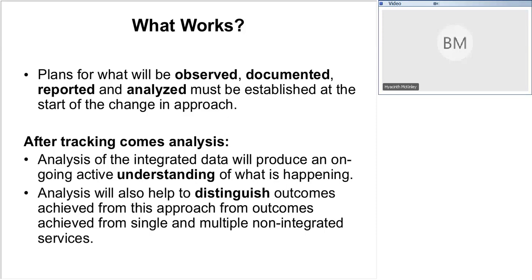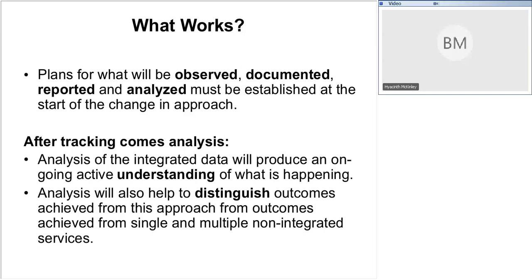So let's say you do this integration project and you find out that people are getting much better outcomes in these areas than they did in the past. This is the way that this data is going to be useful to you. And if you find out they're not getting better outcomes, then that's the point at which you need to say, well, what's happening here and why? What are the barriers? What's different about this that would cause problems?